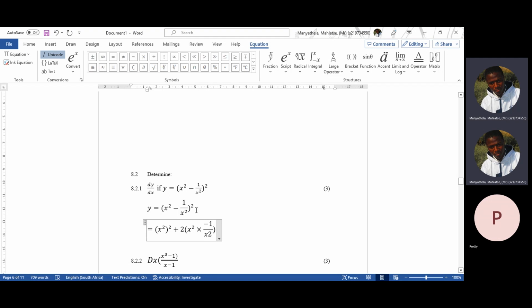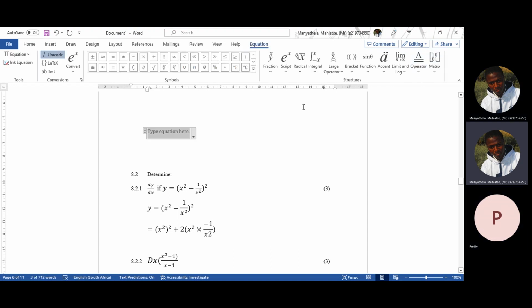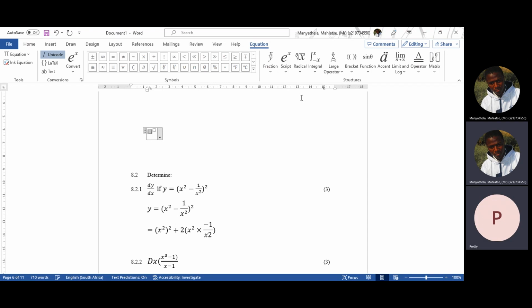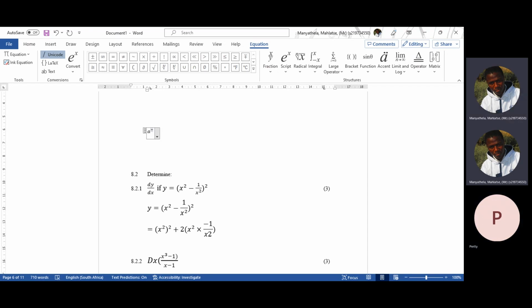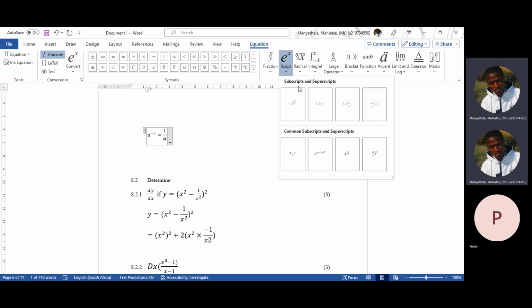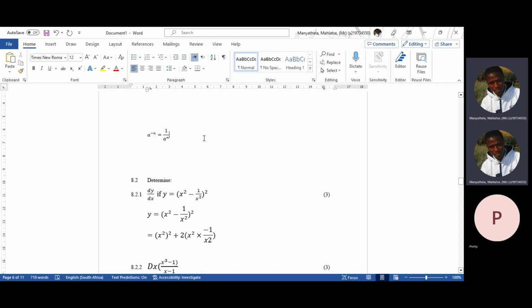But before we square the last term, you should remember from the laws of exponents that a to the exponent negative n is equal to 1 over a to the exponent n.